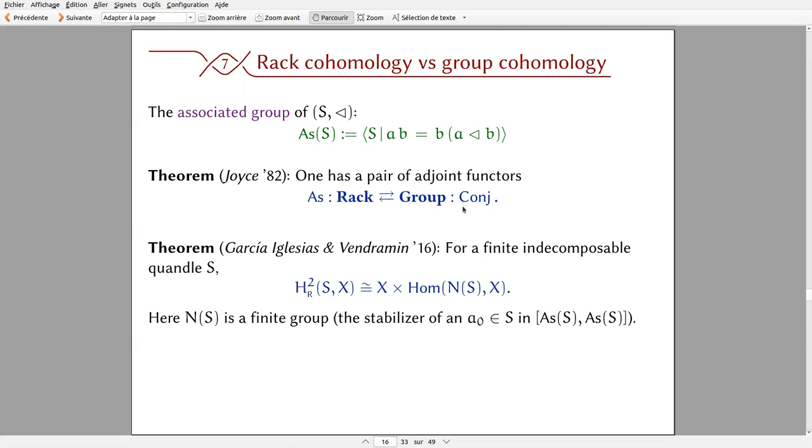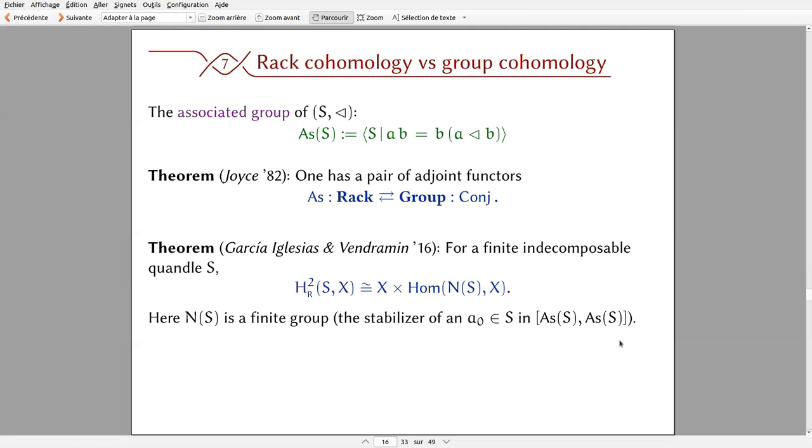In this case, you can explicitly describe the second cohomology group with any coefficients X. It will be just a direct product of X and the set of group morphisms from a certain finite group to X. This finite group can be described very explicitly.